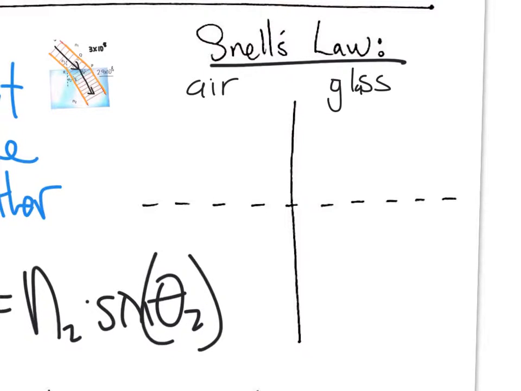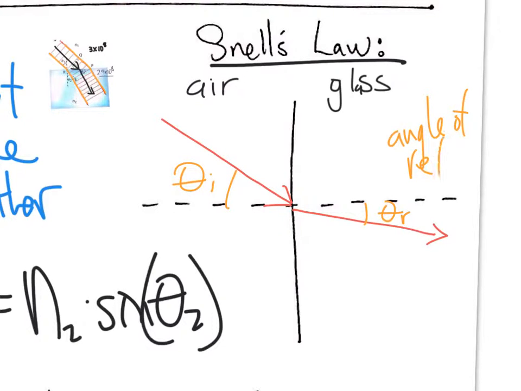Alright, so here's the boundary between those 2 mediums. Here's air over here, and here's glass over here. And the way this works is there's our ray of light going from air and then into glass, and we describe this as the angle of incidence and this as the angle of refraction.